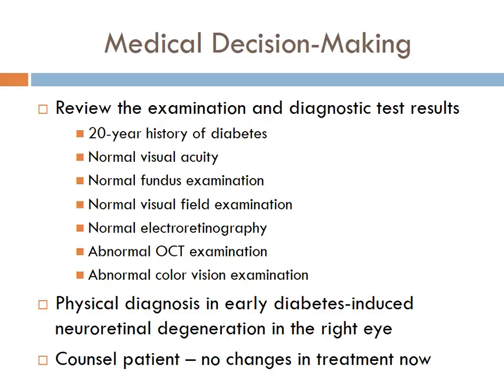He's not complaining about it. But on two very sophisticated tests, I've got functional abnormalities that cannot be explained by any other mechanism. He doesn't have anything else wrong with him based on all of his other tests. There's no glaucoma. There's no macular degeneration. He didn't have a stroke last week. There's nothing else going on.